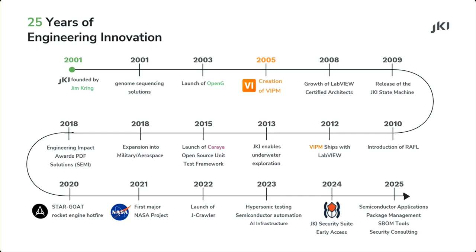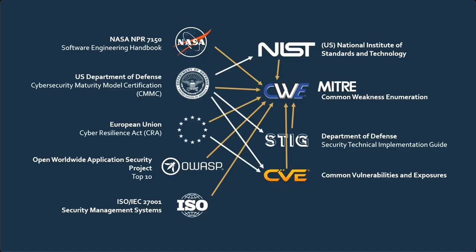And so we leveraged our team's extensive experience in LabVIEW, touching every different industry, touching our aerospace projects, and said, which ones are actually most important to LabVIEW? So we'd like to suggest that the JKI Top 25 can now be another one of these lists or standards that you can cite when you're building out your security plan and say, here's how we're adjusting the JKI Top 25 for LabVIEW. Because we found that the MITRE list wasn't quite applicable.